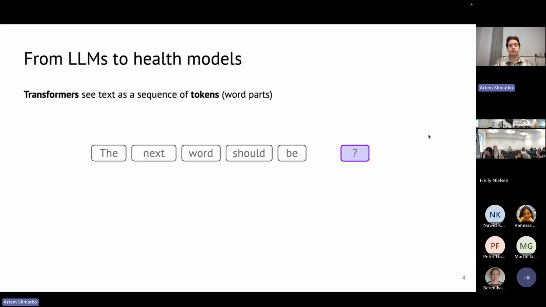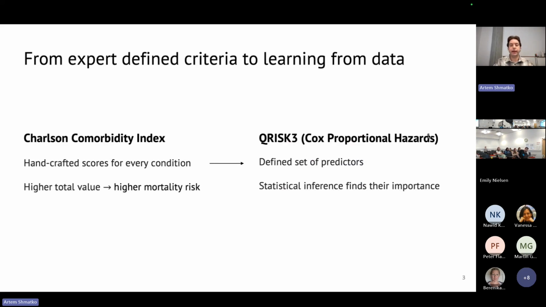But yes, they do have some drawbacks. For example, since the predictors need to be hand-defined, it is difficult to take into account all possible conditions.